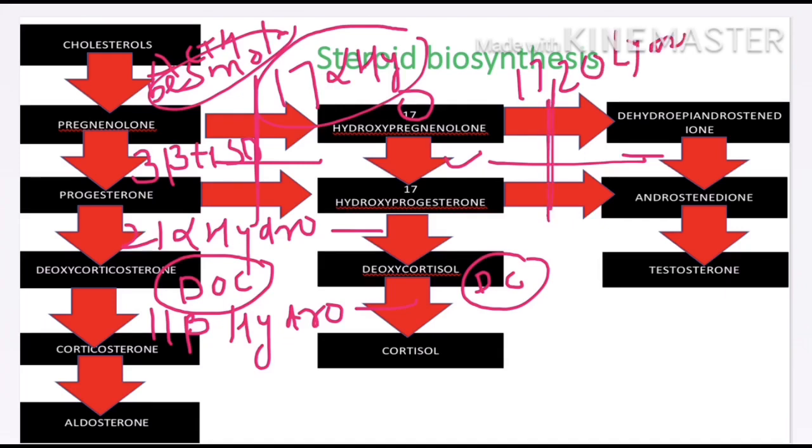Now you can remember 3 beta hydroxysteroid dehydrogenase, 21 alpha hydroxylase enzyme and 11 beta hydroxylase enzyme. We will learn what the manifestations are if deficiency of a particular enzyme occurs.